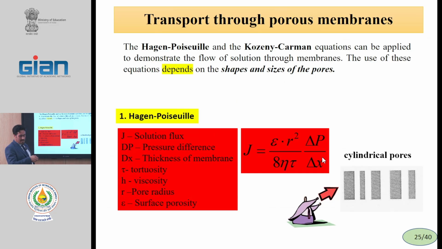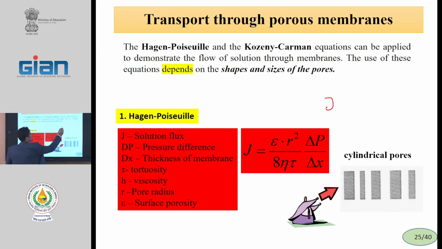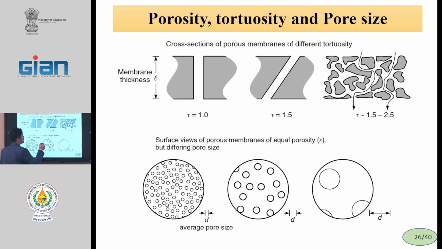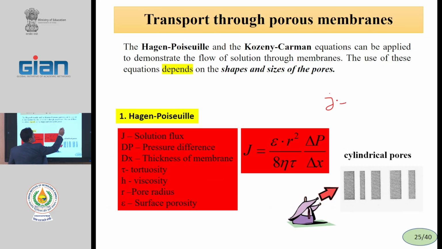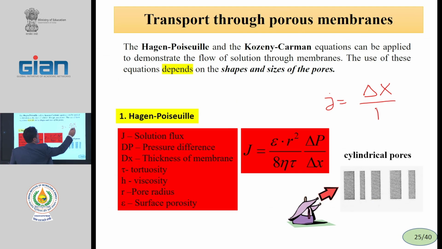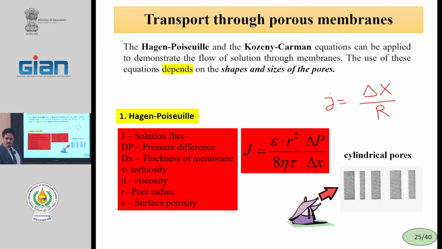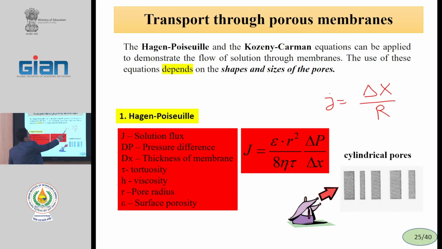In the mass transfer equation, we write that J is delta X per R. We see that for the passing of one species through the membrane, we need a driving force, and we have a resistance that acts against the passing.